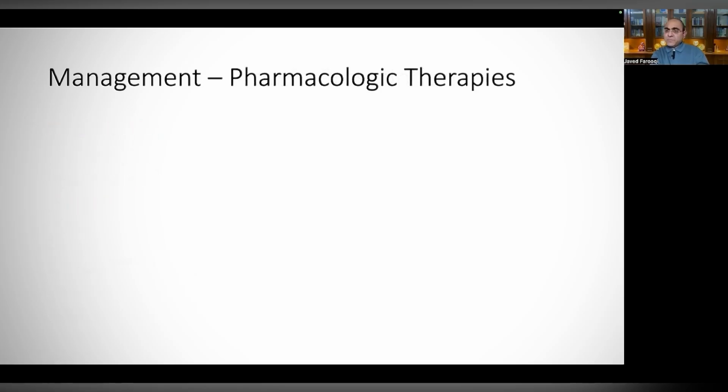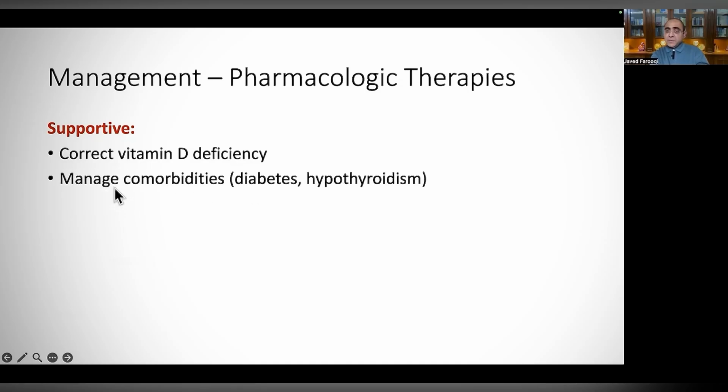Similarly, what about the pharmacological therapies for sarcopenic obesity? Mostly these are supportive: correct vitamin D deficiency in these patients, manage comorbidities, that is diabetes, hypothyroidism if it's there.